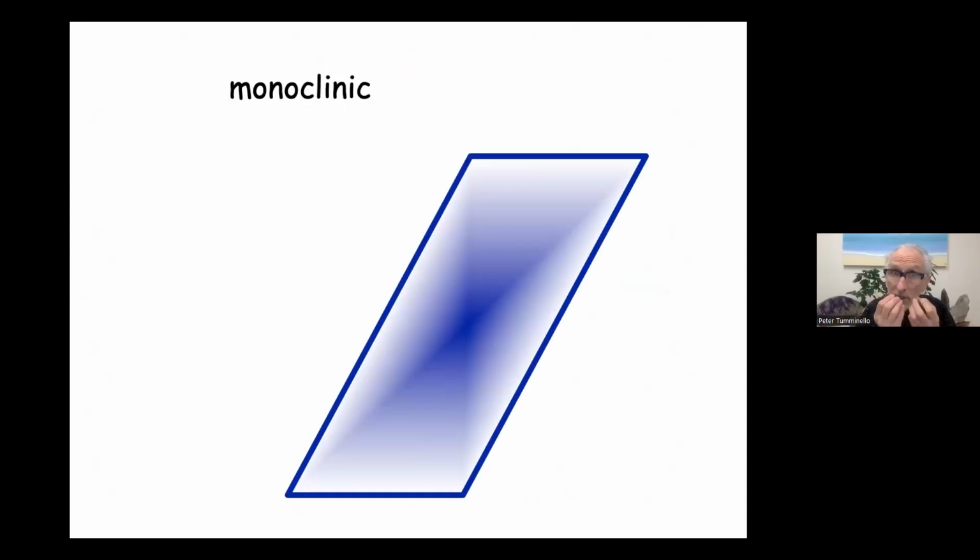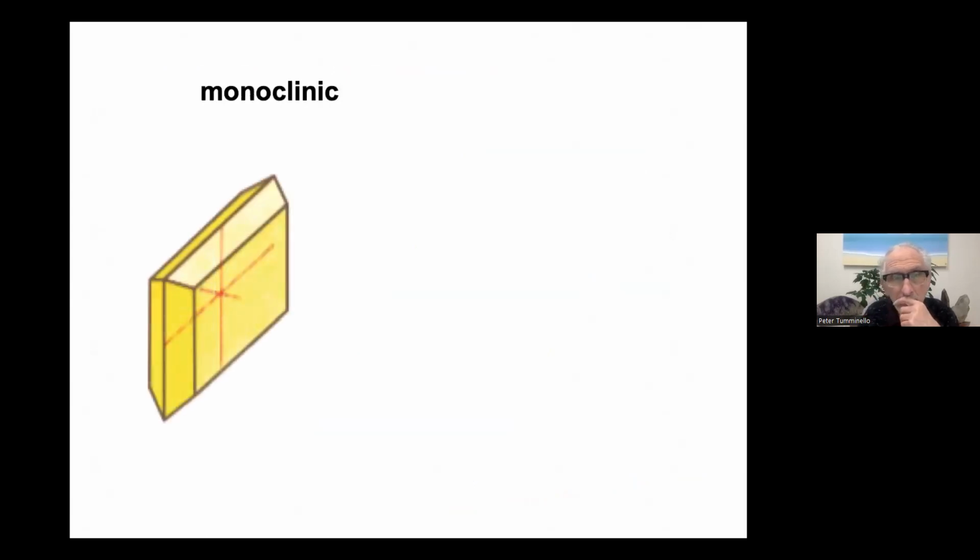Monoclinic, another basic shape, the parallelogram. This is an odd one. It's the slanty one. Instability, you know, just looking at it gives you the feeling of instability. Just looking at the shapes or taking the shapes in is an avenue to learning about the structures, actually.